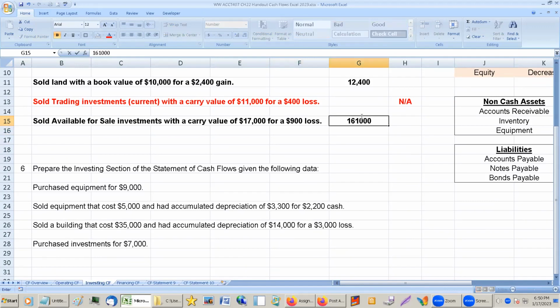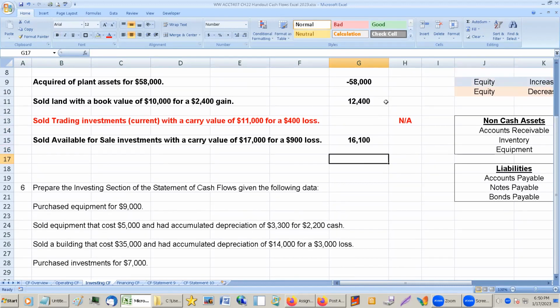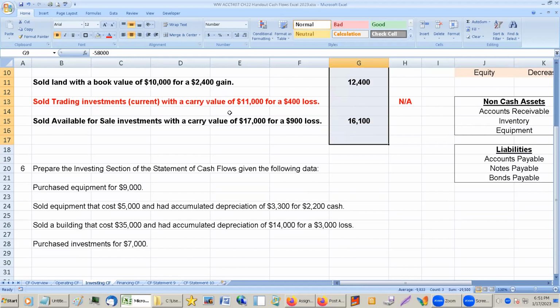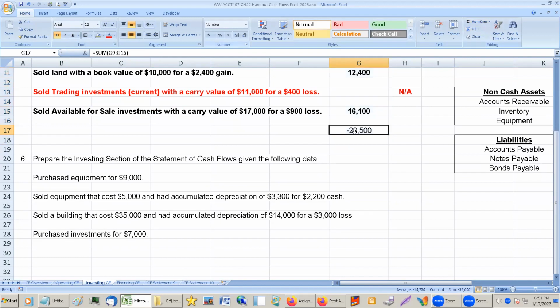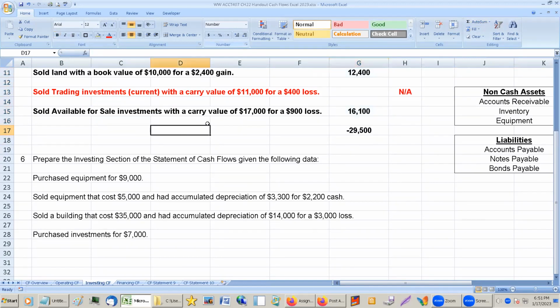So even though it's a loss, the cash flow is still positive from it. It may not be as much as we wanted it to be, but the cash flow is positive.